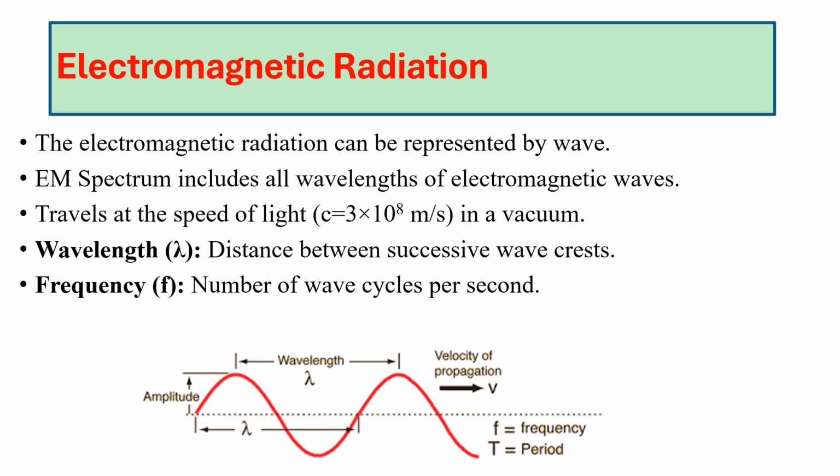In vacuum, electromagnetic waves travel with the speed of light, which is 3 times 10 to the power 8 meters per second. The wavelength can be defined as the distance between two successive wave crests or troughs, and frequency as the number of wave cycles per second. Wavelength and frequency are related with the speed of light as c equals lambda f.